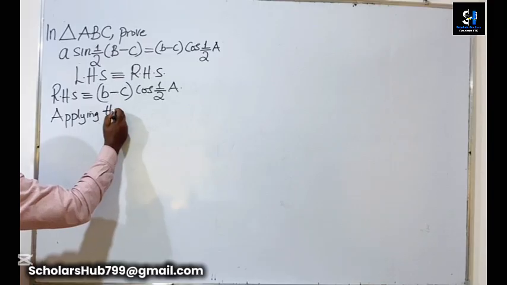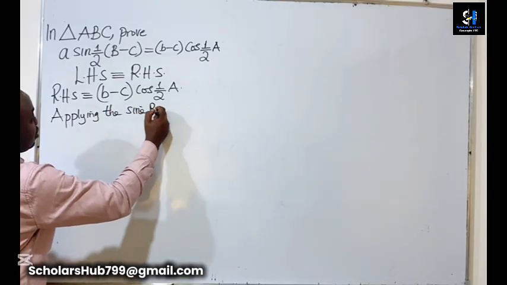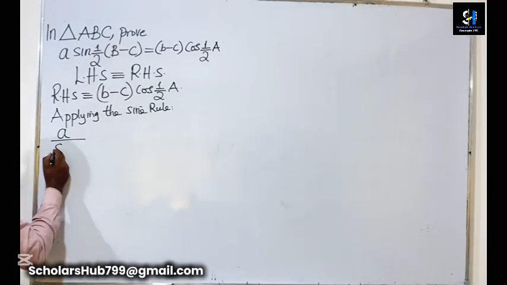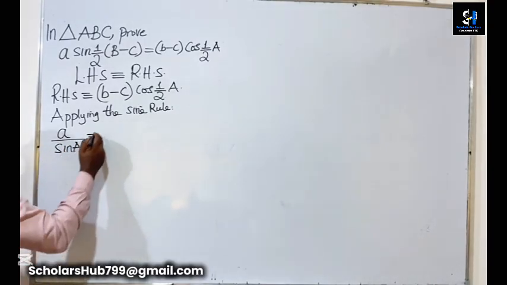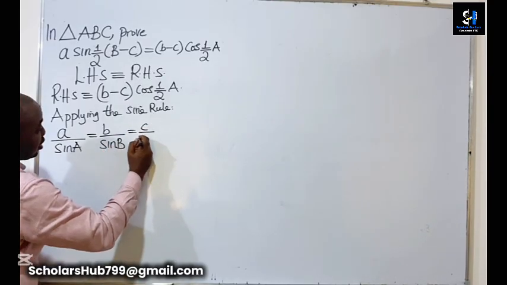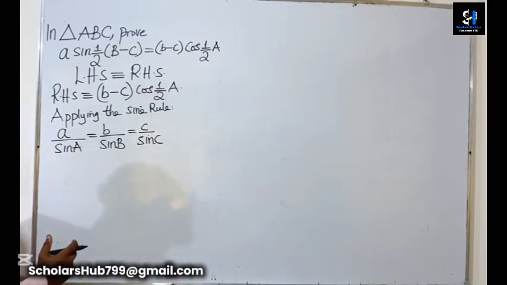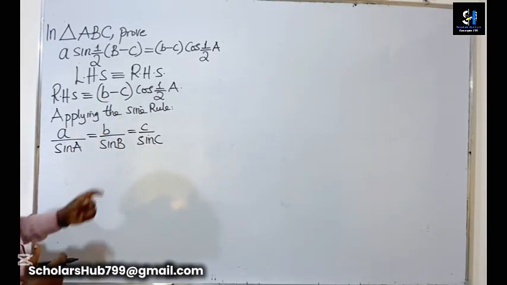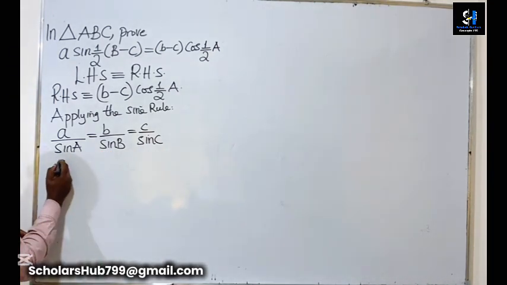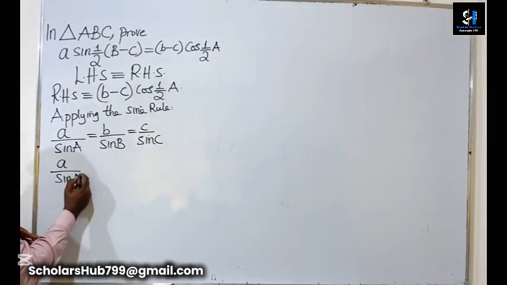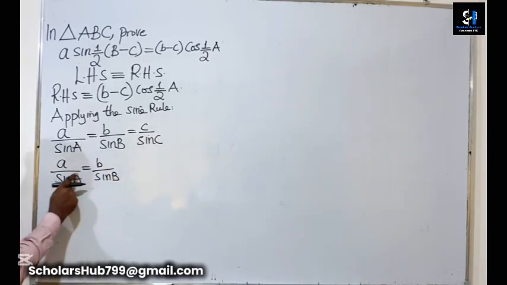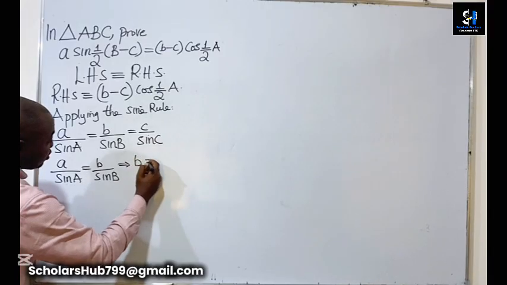Applying the sine rule, we know that the sine rule states a over sin A equals b over sin B, and this will be equal to c over sin C. Now to write the expression for b in terms of sin A and sin B, I'm going to bring out a over sin A equals b over sin B. Then from here, I can make b the subject of the formula.